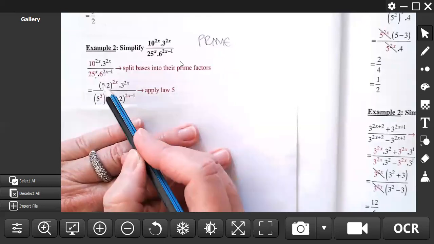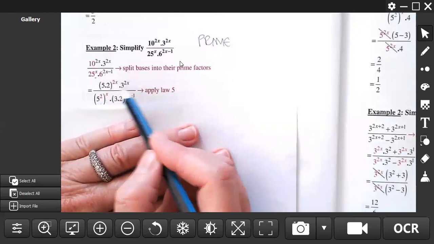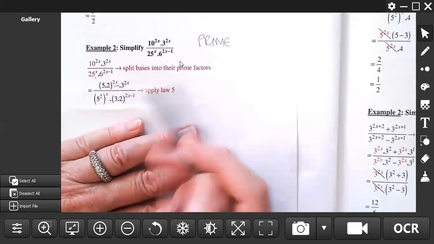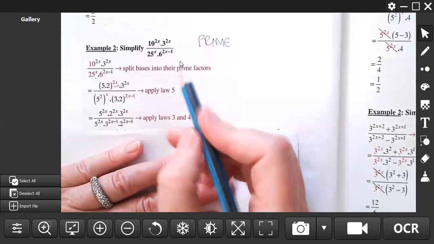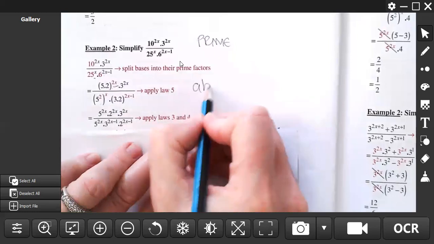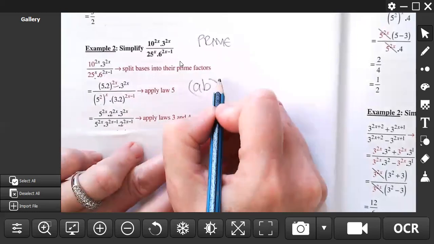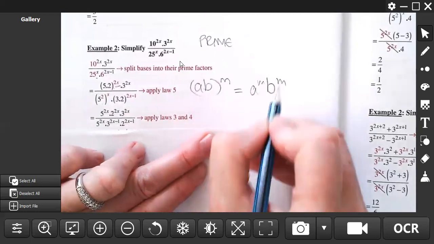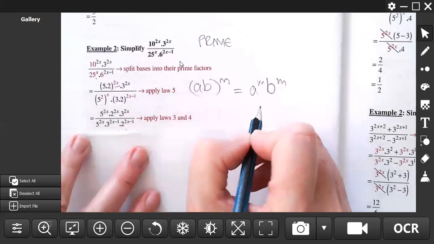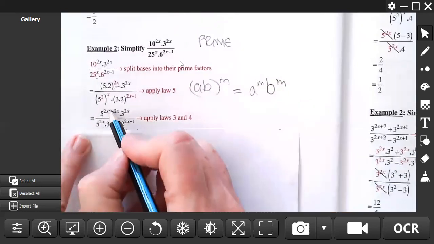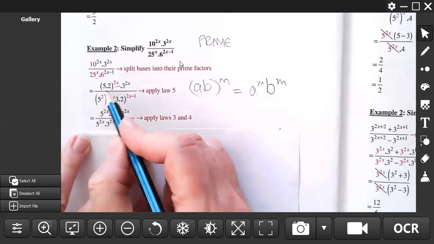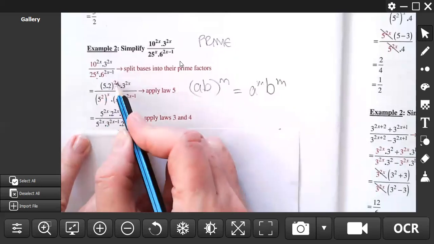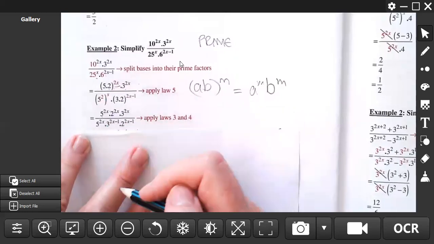And now we can write the factors with their own exponents. We know that if I have ab to the power of m, it's going to be a to the power of m, b to the power of m. So it's going to be 5 to the power of 2x, 2 to the power of 2x, 5 to the power of 2x, 2 to the power of 2x, 3 to the power of 2x.